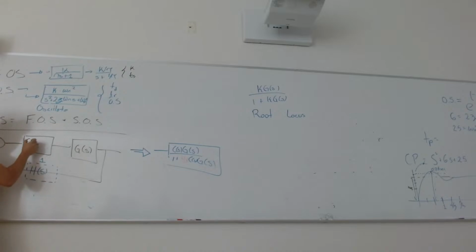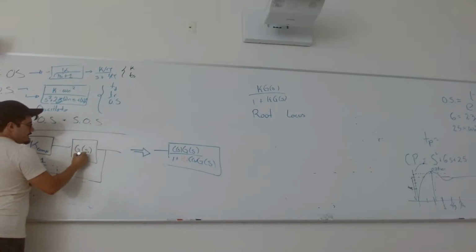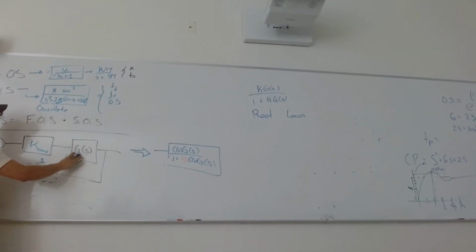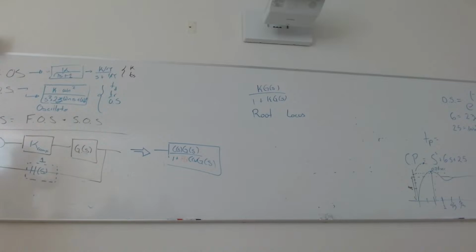What I'm doing here is using a gain of the compensator, and this has the gain of the system. These are not the same. The plant is something that is static. It has its corresponding gain of something that I don't know, and what I'm moving is this value.